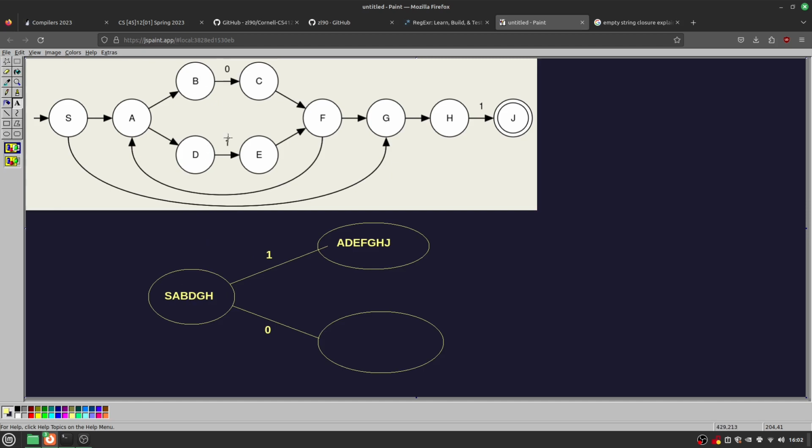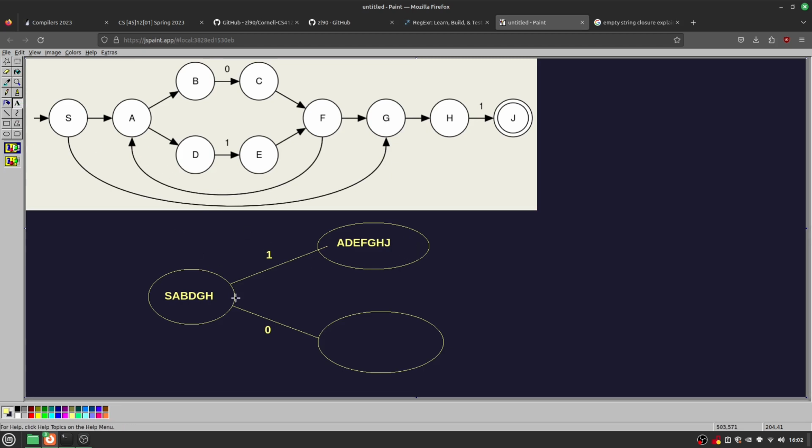From D, we can only get to E, F, G, and H. From G, we can get to H and J. And from H, we can only get to J. So that should be correct.